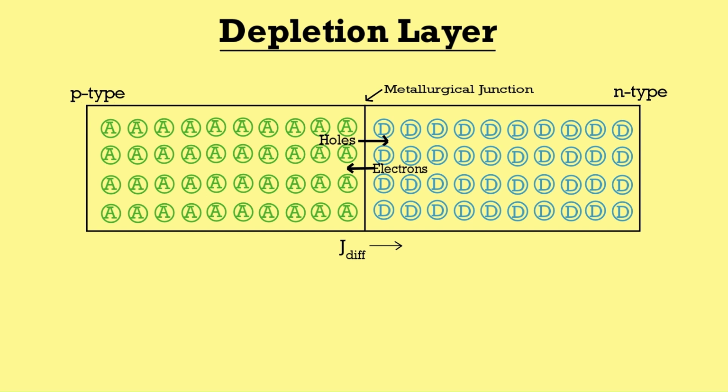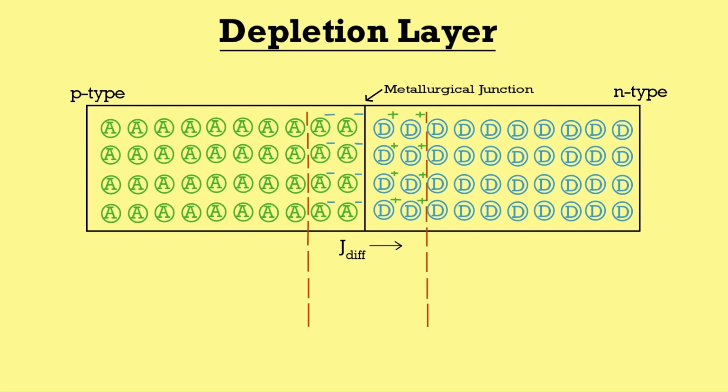But as soon as the charge carriers move, another phenomenon will emerge. After a while, when the charge carriers are transferred to either side, the dopant atoms will get ionized. These immobile charge carrying dopant atoms will create an electric field.